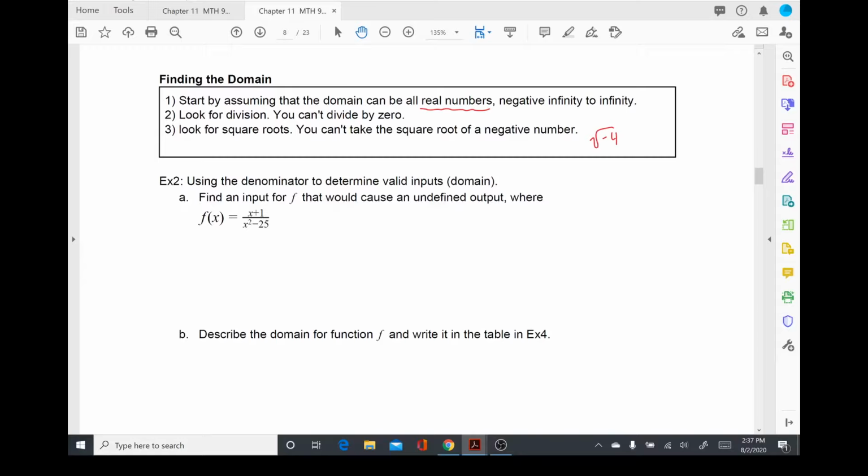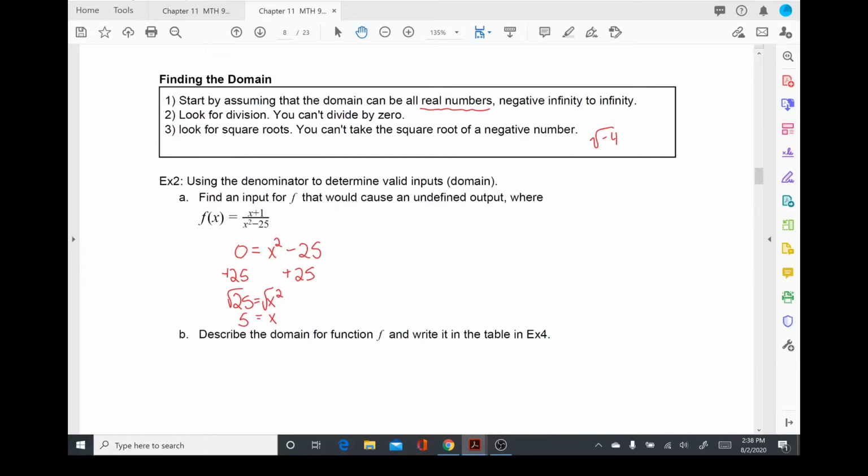This first one, we started with the idea it could be anything, but then this one has a division symbol. So we're going to think about what could cause a 0 to occur in the denominator. So I'm going to write that down. What could cause the denominator to equal 0? And I'm going to solve it. Now, I have that x could equal 5, because the square root of 25 is 5.